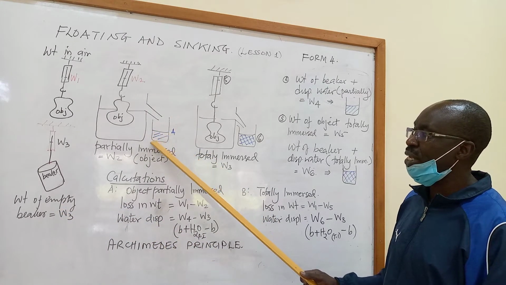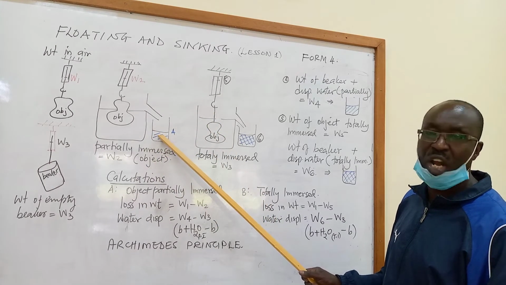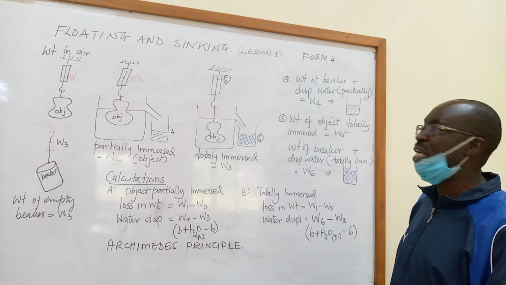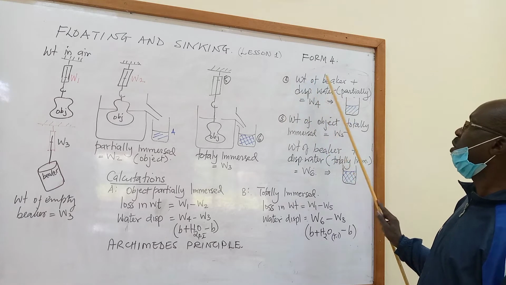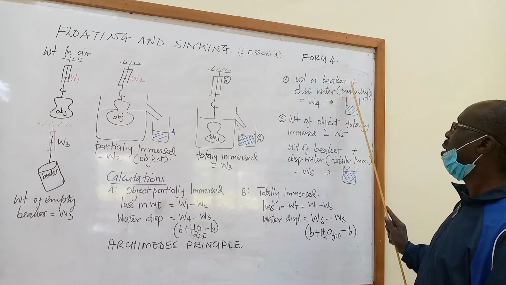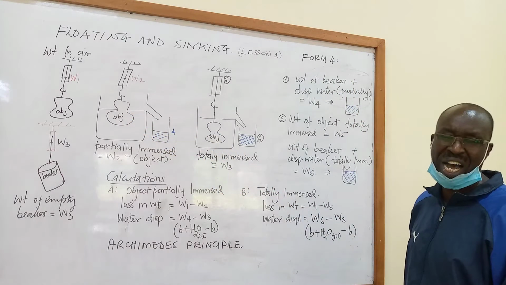So you weigh now the beaker and the collected water displaced. Give it W4. Weight of beaker plus displaced water when the object is partially immersed.